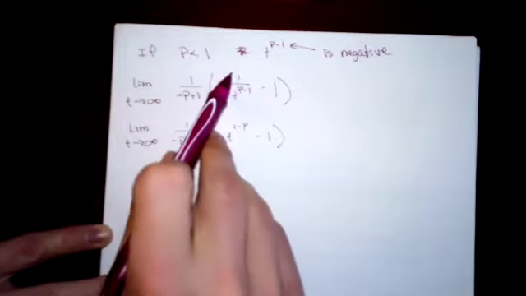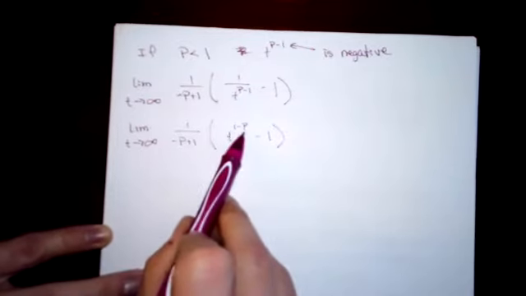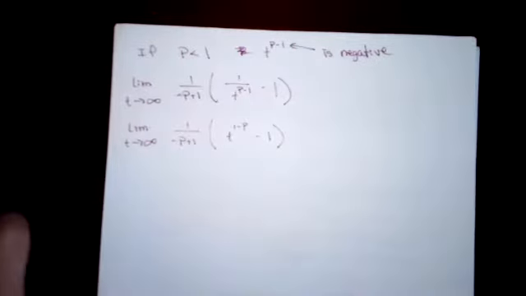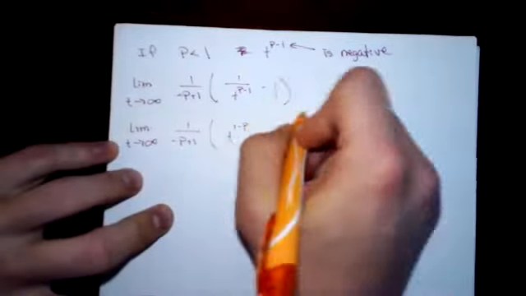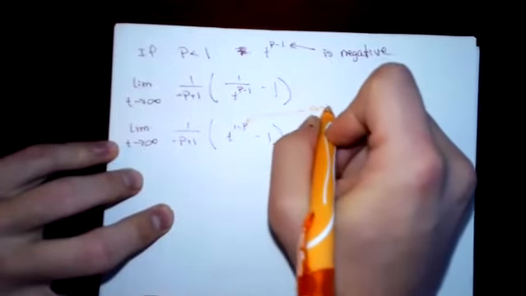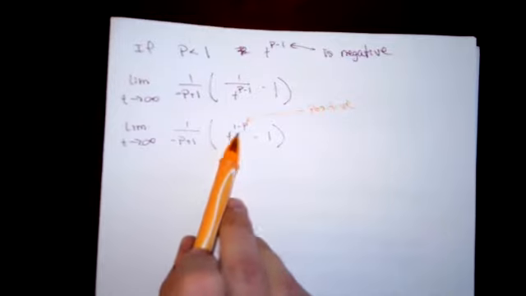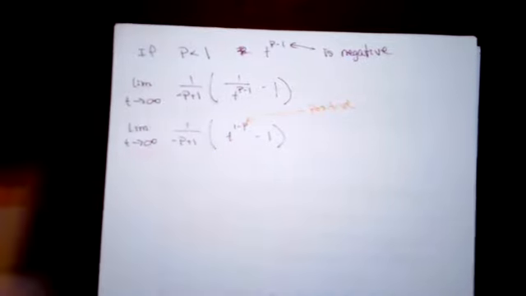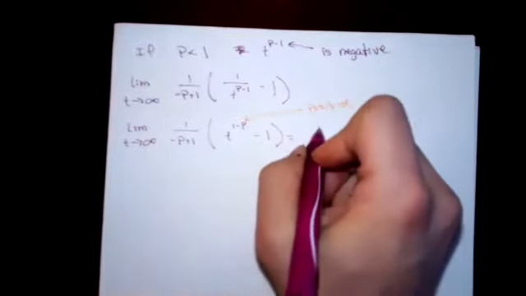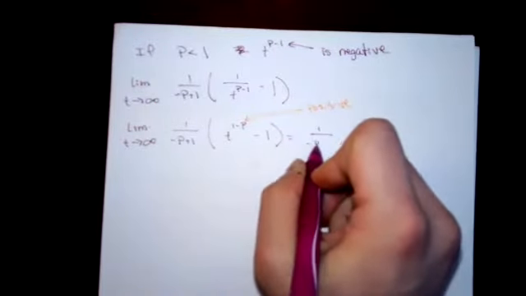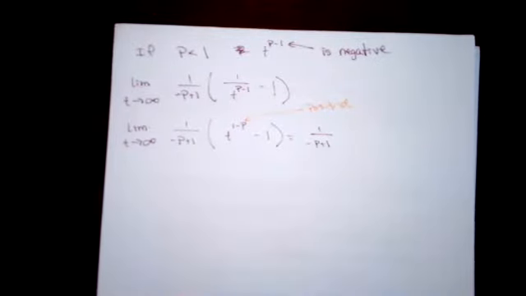So all I did was flip this guy from a denominator to a numerator, which means I multiplied the exponent by a negative 1. Right? So if p minus 1 is negative, 1 minus p, since p is now less than 1, is positive, meaning when I plug in infinity, what are we going to get? It's just a regular polynomial or a positive powered function. And so we'll get an infinity there.